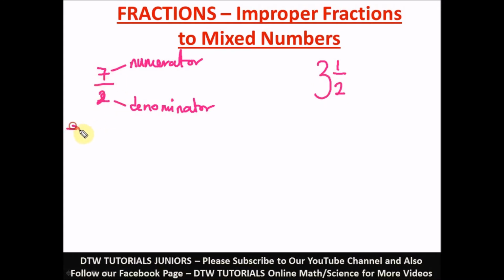So let's say we're given 7 over 2 and want to convert to a mixed number. This is what we see right here. So how do you convert this? You ask yourself, how many multiples of 2 can we get in 7? Okay, remember from your times table.